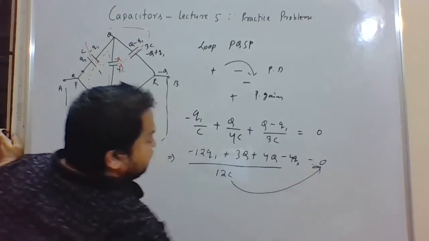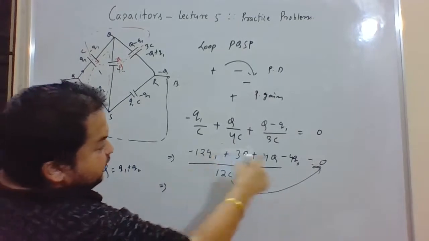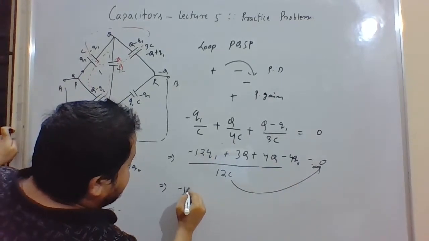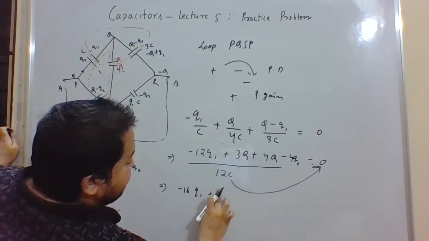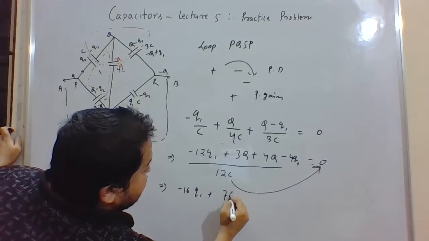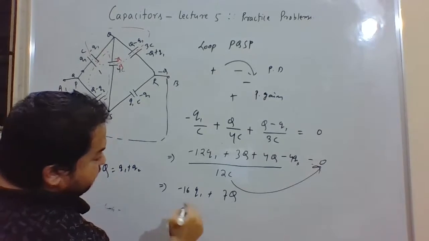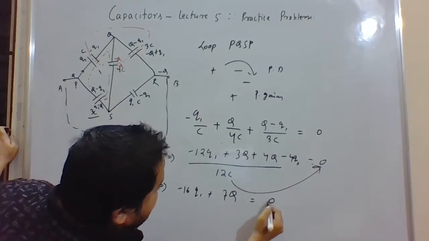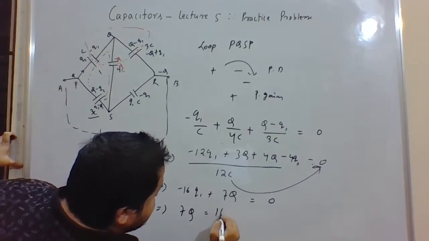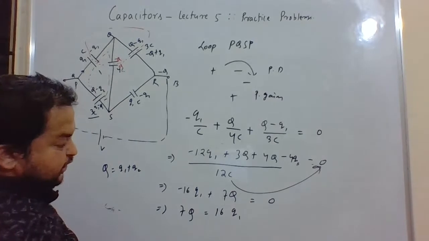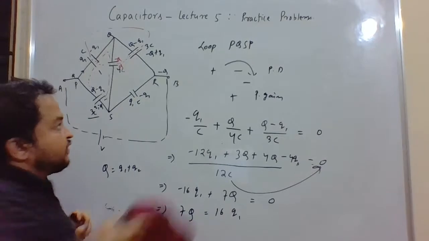So this is minus 12Q1, this is minus 4Q1, so this is minus 16Q1, plus 3Q plus 4Q is 7Q, equal to 0. Or 7Q equals 16Q1.